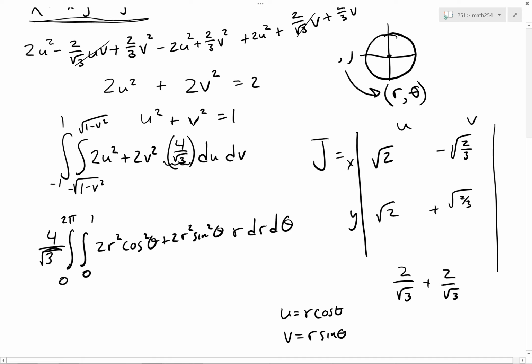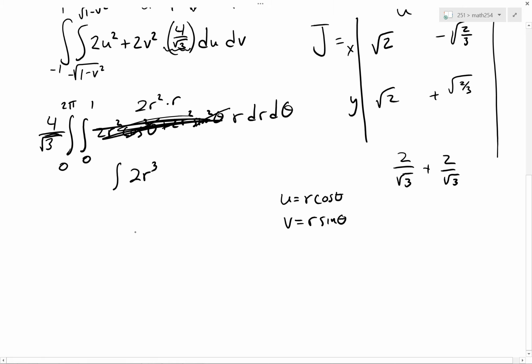Okay? Well, if you think of it, they have a 2r squared in common. You'd have a cosine squared plus sine squared left. So what you have inside now is 2r squared times r, or just 2r cubed. If you integrate that with respect to r, you're going to get a half of an r to the 4, and you're going to go from 0 to 1.